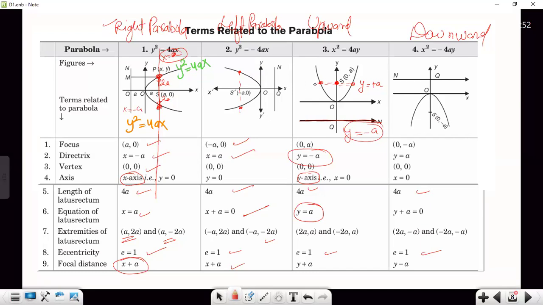Y is common now, y is a only. X can be found from x squared equals 4a squared, so it is minus 2a on this side and plus 2a, with y equal to a. What else? Eccentricity is always 1. The focal distance is y plus a.